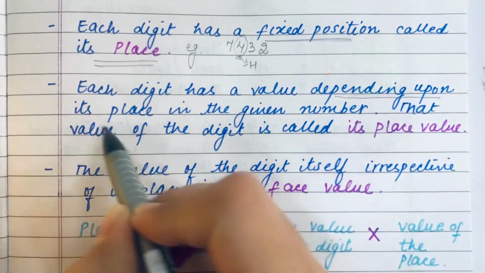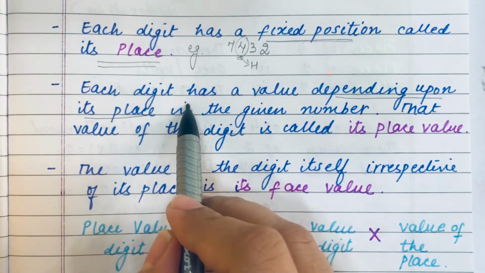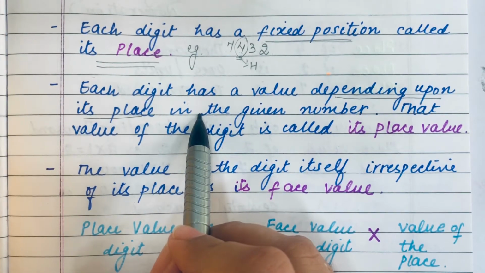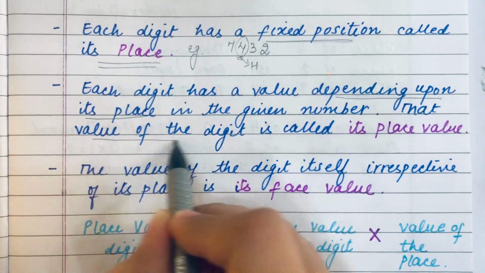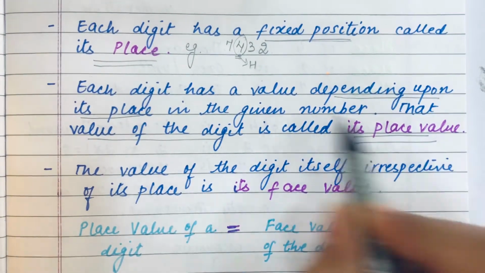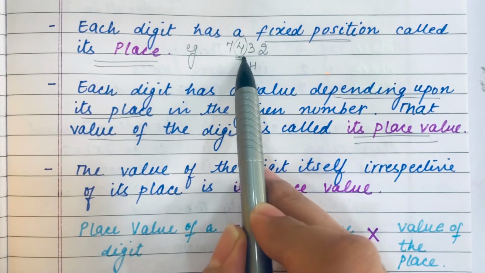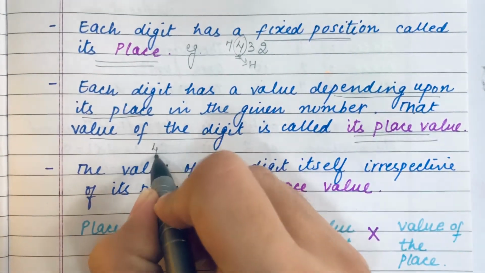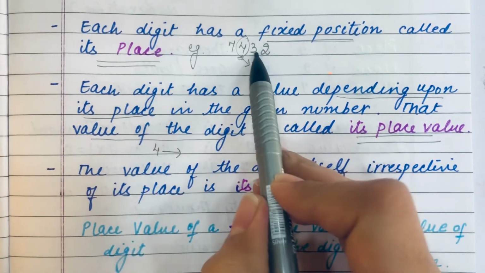It's very important. The value of the digit, which depends on where it is kept in the number, will give you the value of the digit, and that will be called the place value. I am taking the same example, 7432. I want to know the place value of the number 4 in this number.